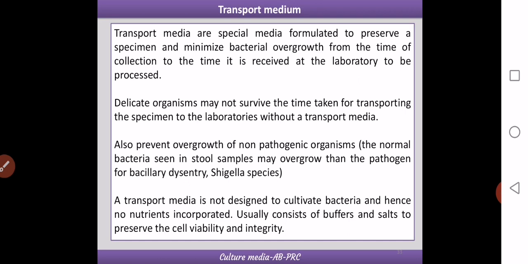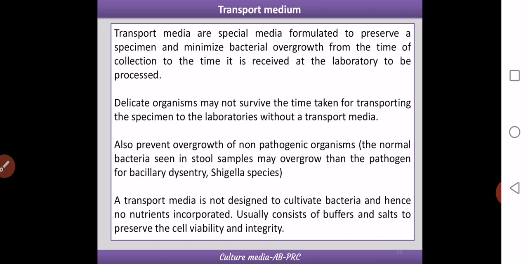The second thing a transport medium does is prevent overgrowth of non-pathogens or non-desired organisms during the time taken for the transportation of this sample from the site of collection to the laboratory, right? So these are the two important features of a transport medium.